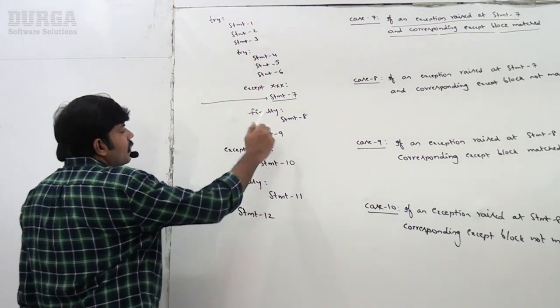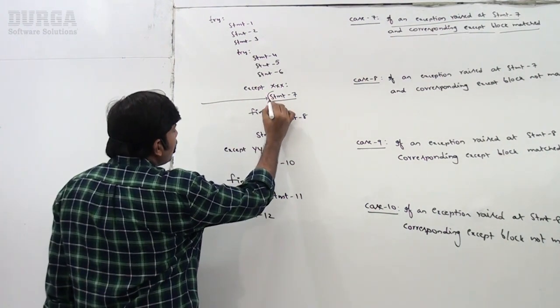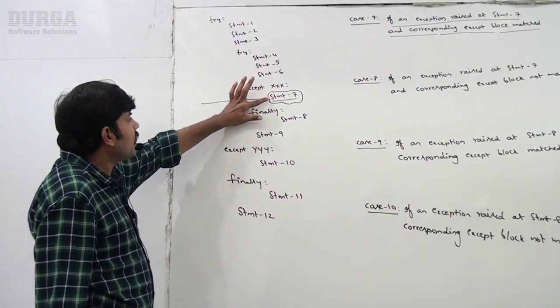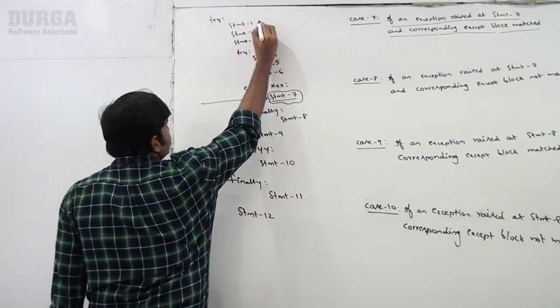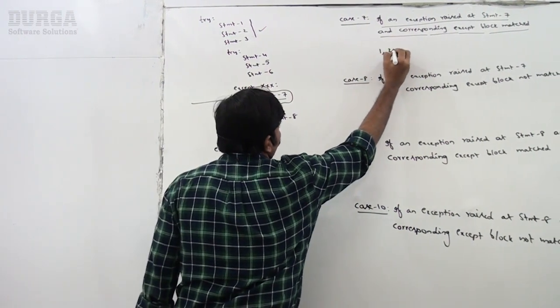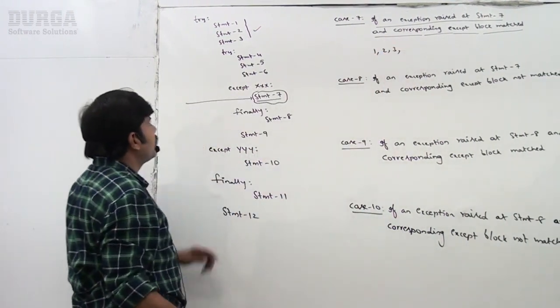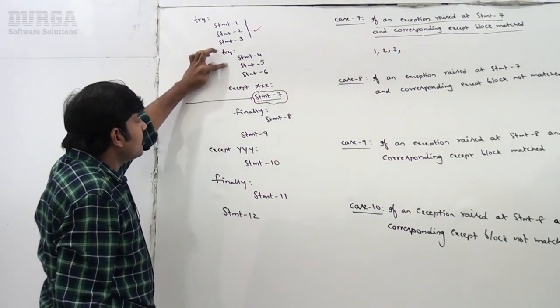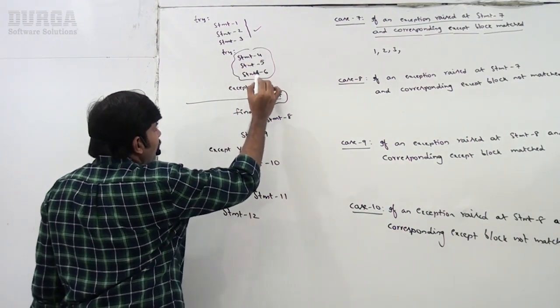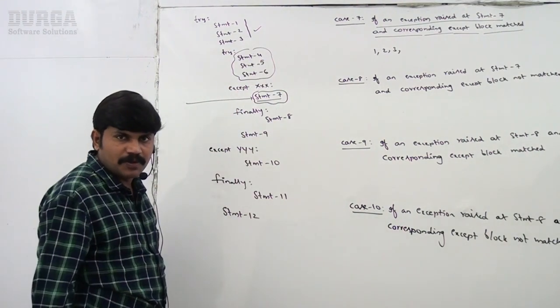Sir, now the problem here is how the control comes to statement 7. Compulsorily 1, 2, 3 should be executed. And then maybe the problem at 4 or 5 or 6, somewhere the problem came.